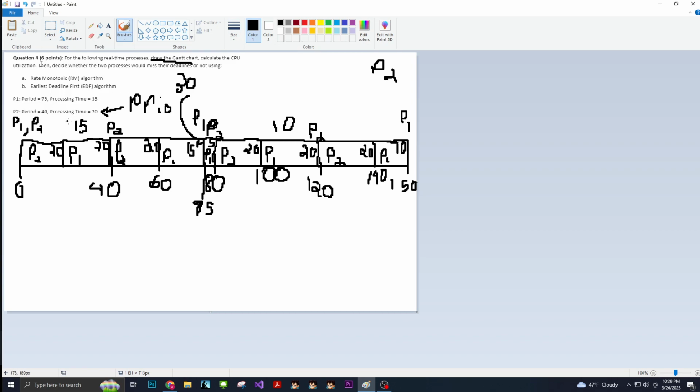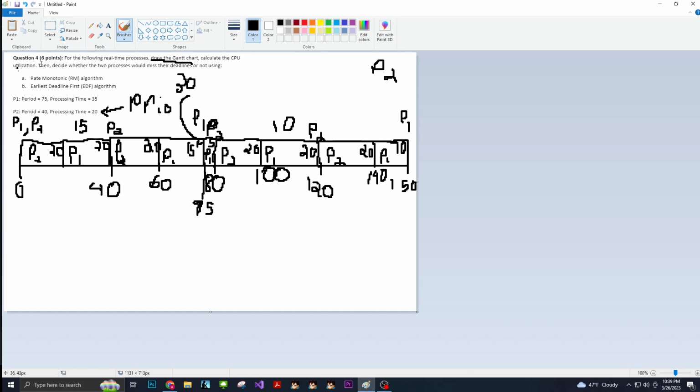If they miss their deadline, it means that one of the processes is essentially trying to overlap itself. Because no overlapping happens between each respective process, these two processes do not miss their deadlines. At least that's how I see it.